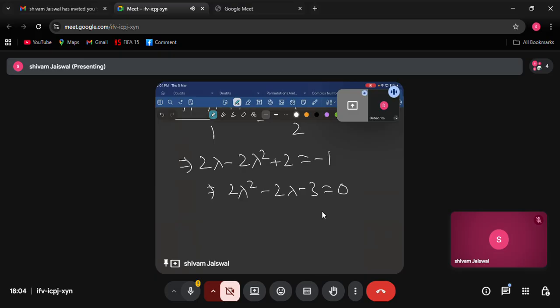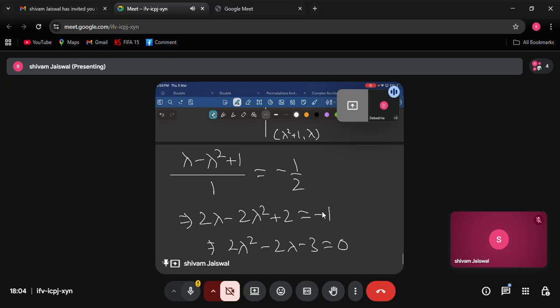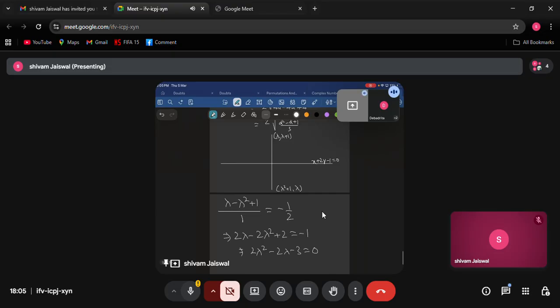I think I did it correctly. It is lambda minus lambda square minus 1, upon lambda plus 1 minus lambda, is equal to minus half.